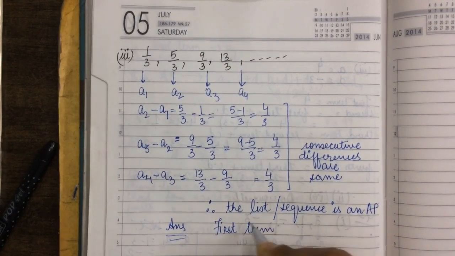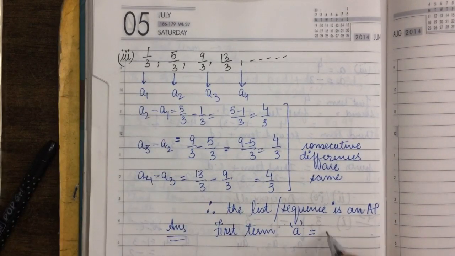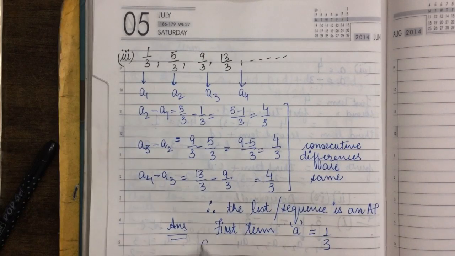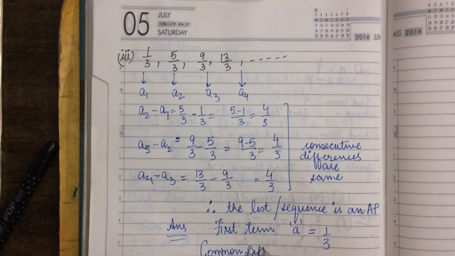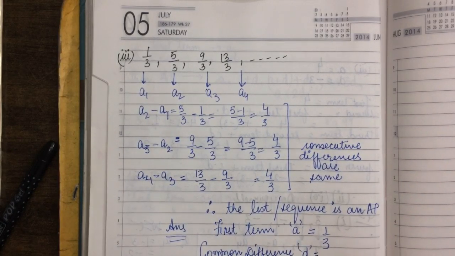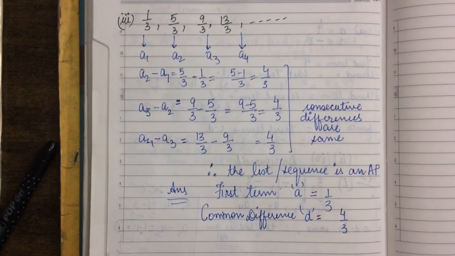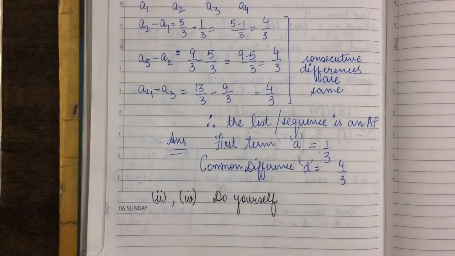The first term represented by A will be 1 by 3 and the common difference represented by D is this difference that we have calculated. This is how you will be writing your answer. Do second and fourth part of this question yourself.